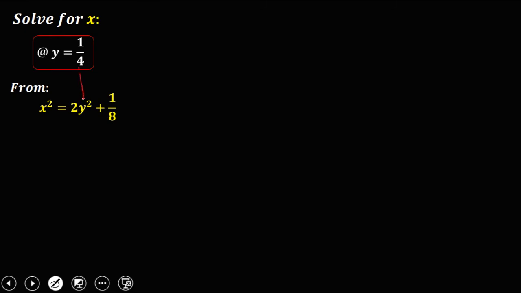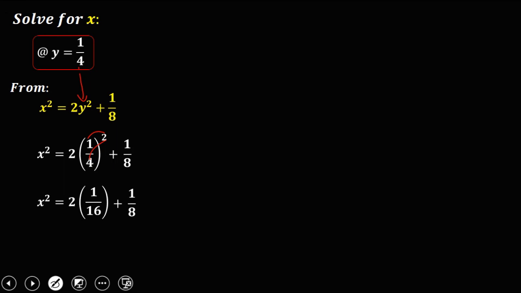Then substitute this positive 1/4 for y. That becomes 2 times 1 over 4 squared, then plus 1 over 8. Then distribute this exponent. So that's 2 times 1 over 16 plus 1 over 8. Then this 2 and 16 reduce. This becomes 8. So x squared now equals 1 over 8 plus 1 over 8.